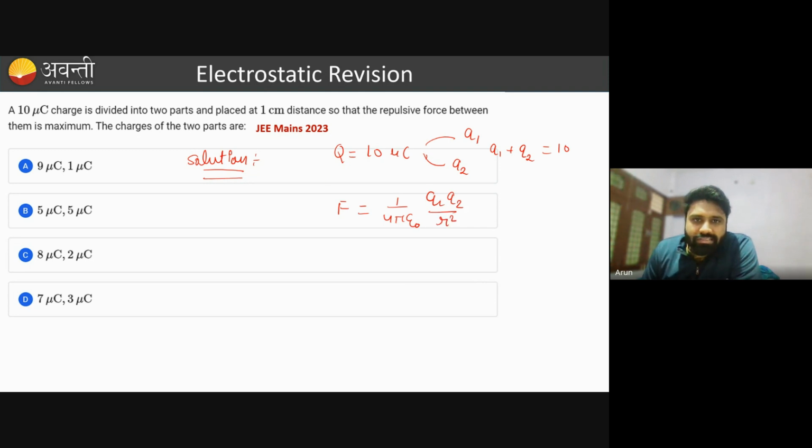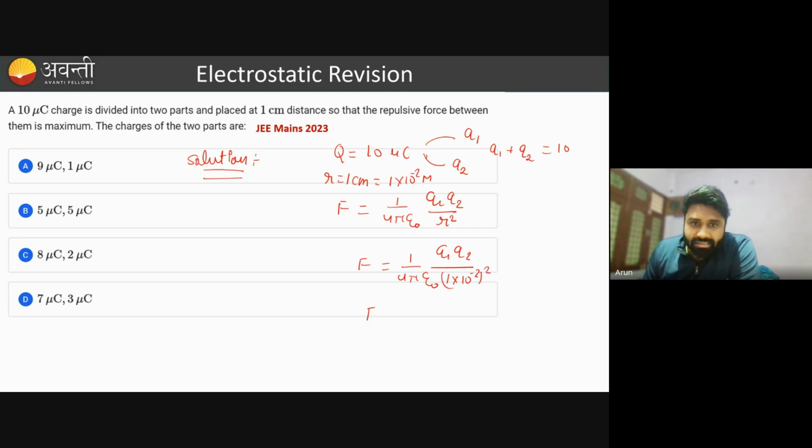You have R equals 1 centimeter, and you have to convert it into meters, so it is 1 into 10 raised to the power minus 2 meter. Put the value: 1 upon 4 pi epsilon naught Q1 Q2 divided by R square, which is 1 into 10 raised to the power minus 2, whole square.